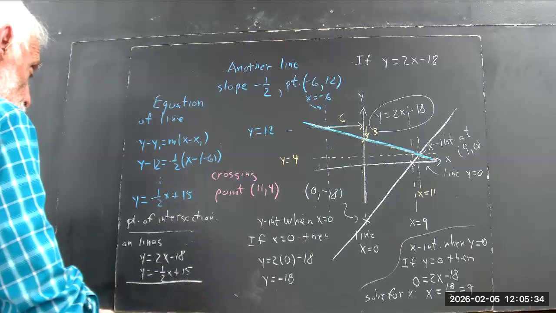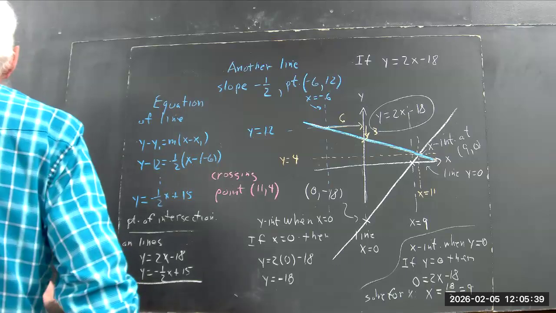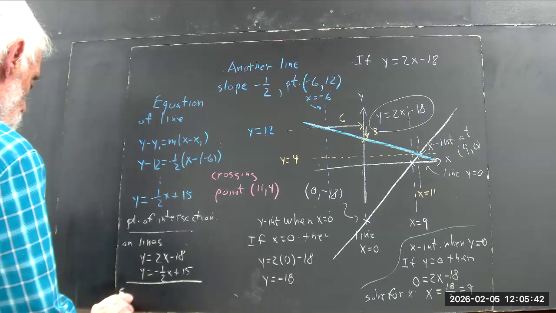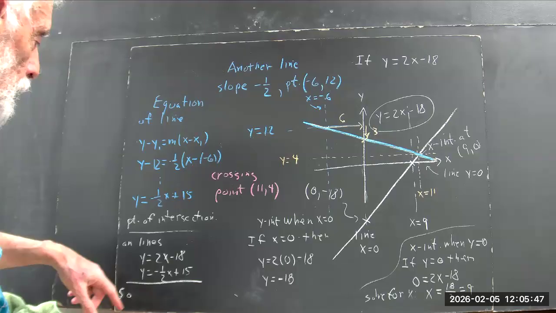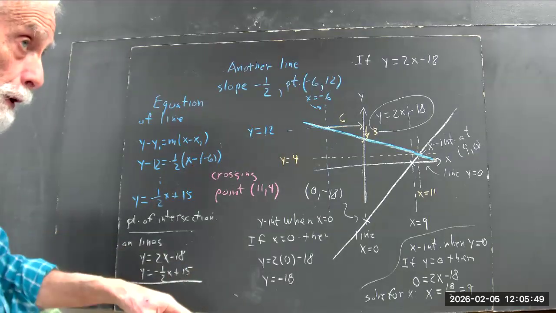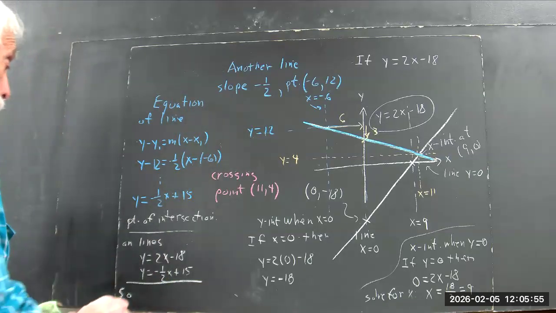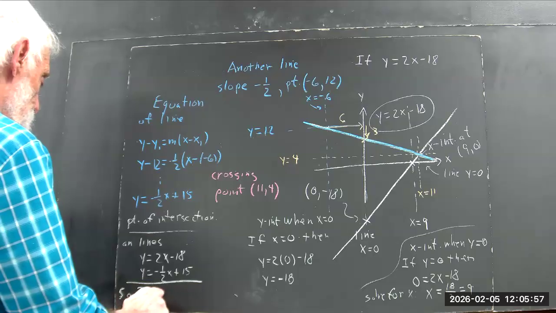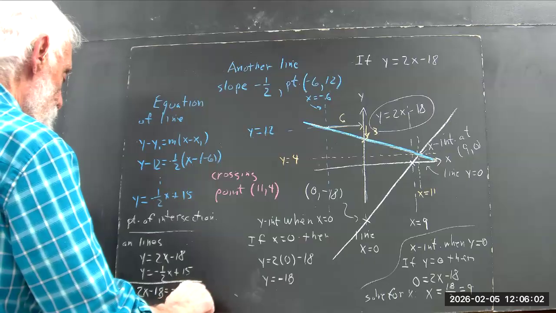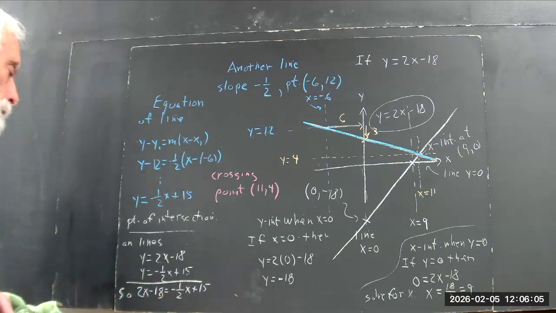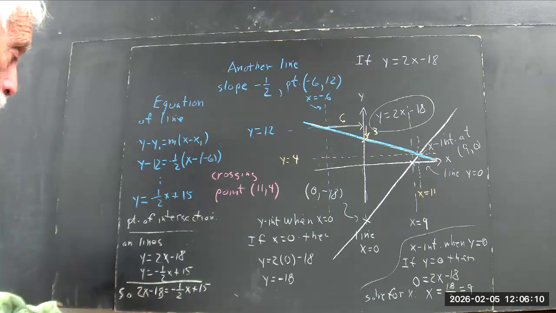So at the point of intersection, if y equals 2x minus 18 and y equals negative 1/2 x plus 15, then 2x minus 18 has to equal negative 1/2 x plus 15. That's an equation we can easily solve for x.